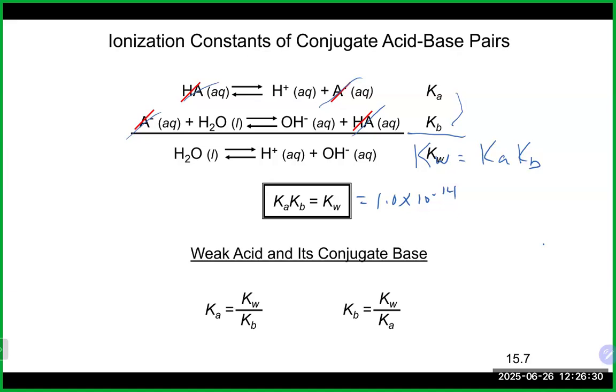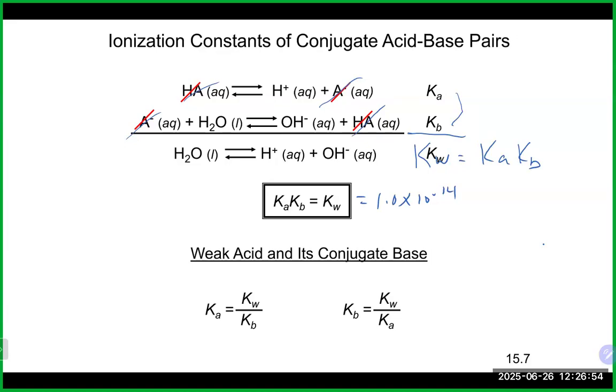You may be asking yourself, why would you want to use that or need that? The answer is because there will be certain problems that we will come across where, frankly, they will give you the wrong K value. They'll give you a Ka value when you actually need a Kb value, and they'll give you a Kb value when you actually need a Ka value. So you could use Kw there as a way to reverse it. How do I know which one I need to use?